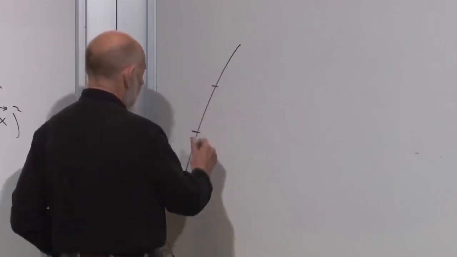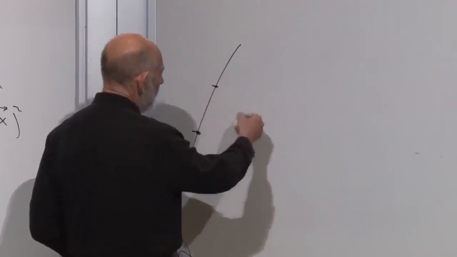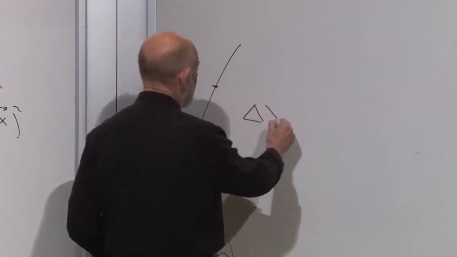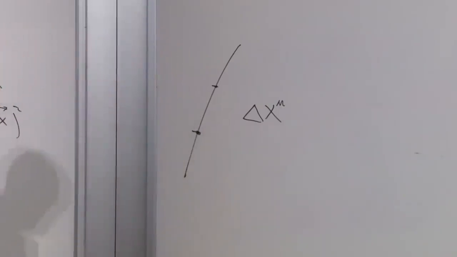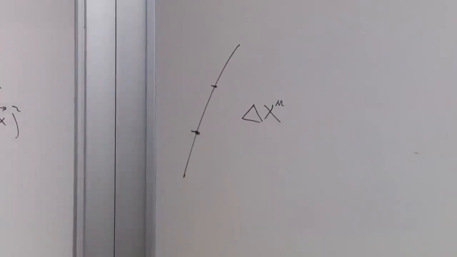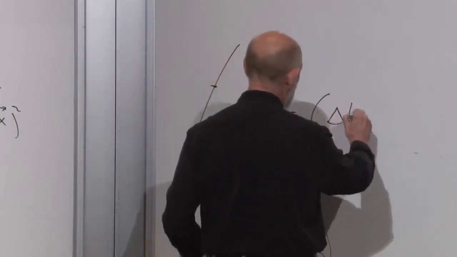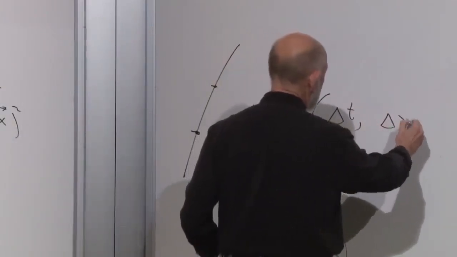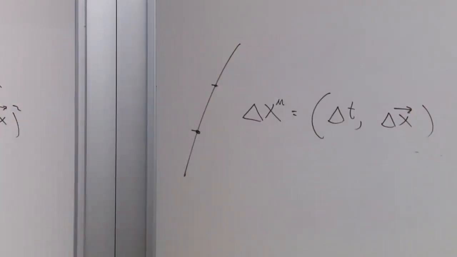All right, so along the trajectory, the particle moves from one point to another point with a separation delta x, but delta x is a 4-dimensional delta x. It consists of a delta t and a delta of the three other coordinates, which are of course called delta with an arrow above them.